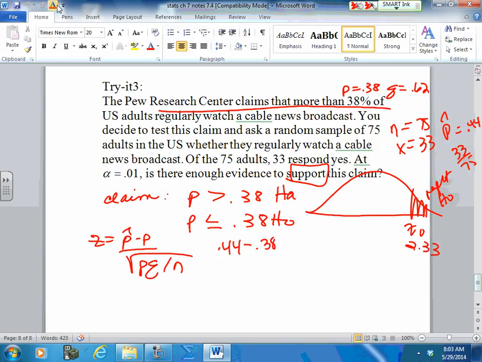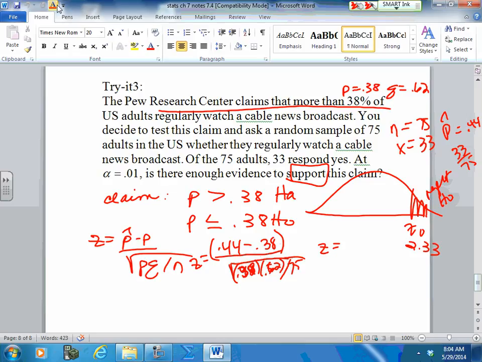Again, it's always the sample minus the population, and then it's your 0.44 times, sorry, 0.38 times 0.62 divided by, keep this all under your square root, 75. Remember to put parentheses around your numerator.